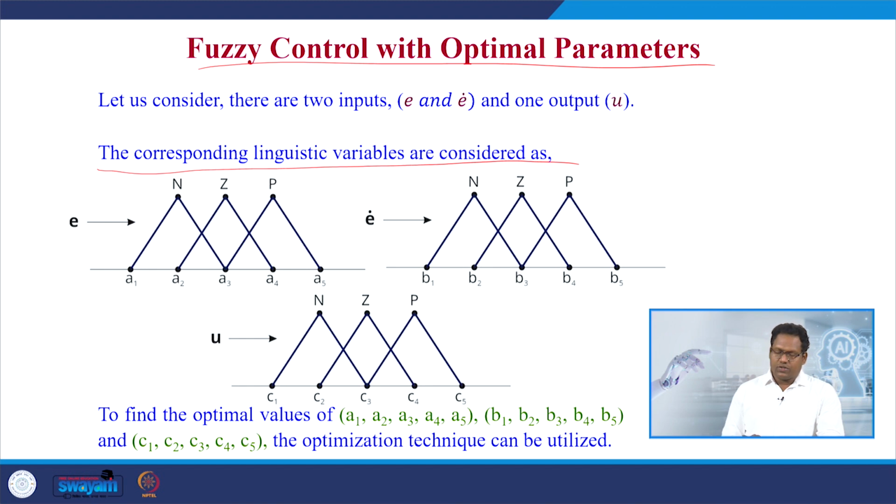The membership functions associated with the fuzzy subsets of these linguistic variables are negative, 0, and positive.